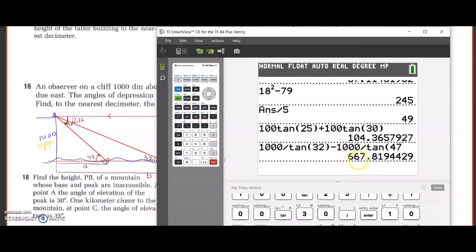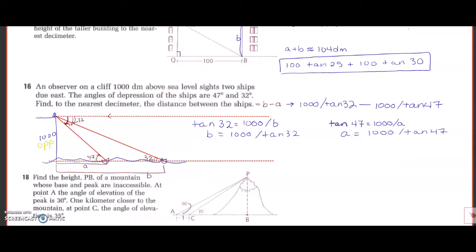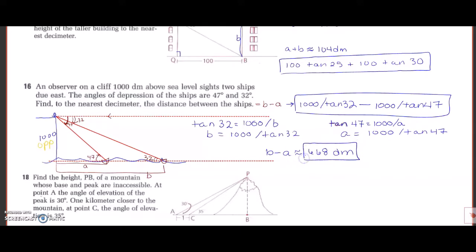So about 668. So this is the calculator ready form, and this is the estimated distance.